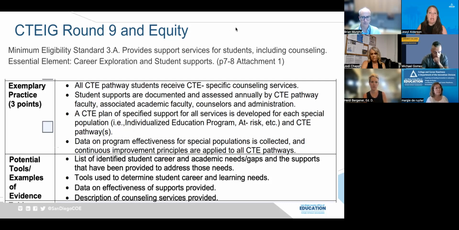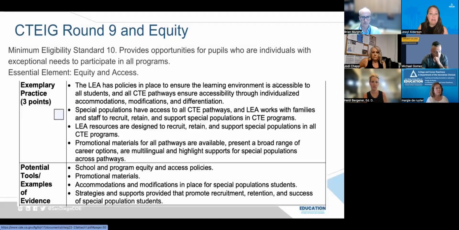That's Standard 3A. Standard 10 also has a lot around accessibility. So if your special populations need any specific accessibility needs, modifications, or differentiation, fund them out of CTEIG and put that in your grant. Access to all pathways, funded out of CTEIG.